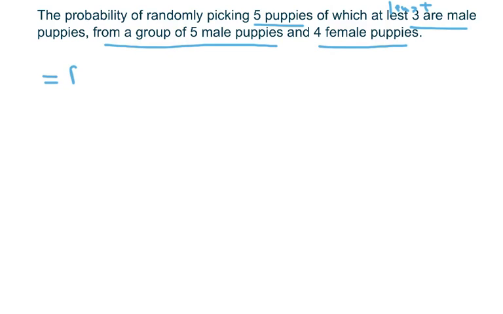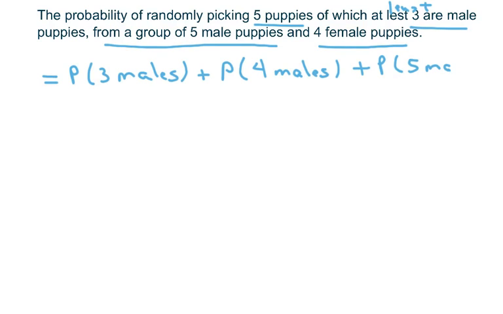That means the probability of 3 males, or the probability of 4 males, or the probability of 5 males. Okay, and this is going to be exclusive because it doesn't depend on the first choice.